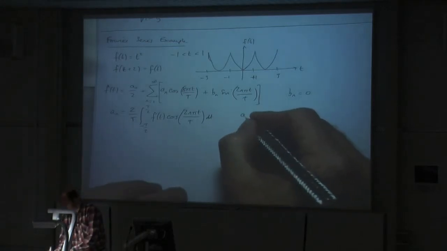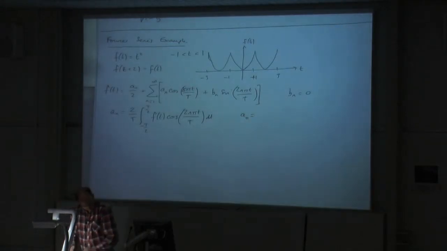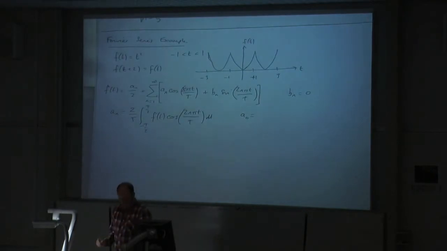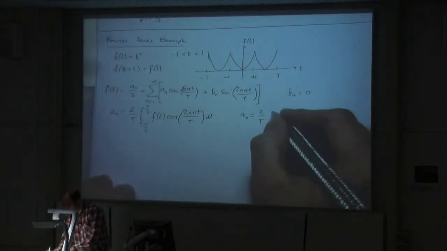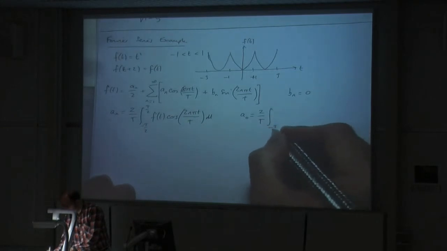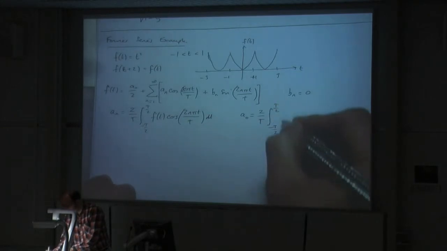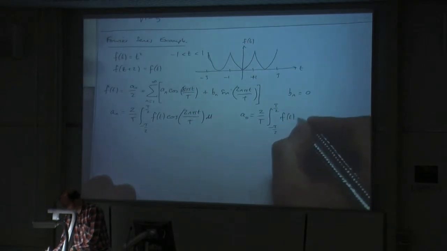So a naught, we have the equation for a naught. It starts the same way, the integral from minus T upon 2 to T upon 2 of the function f of t dt.